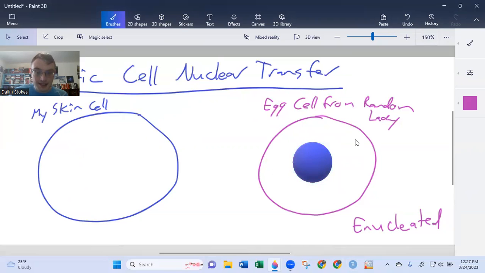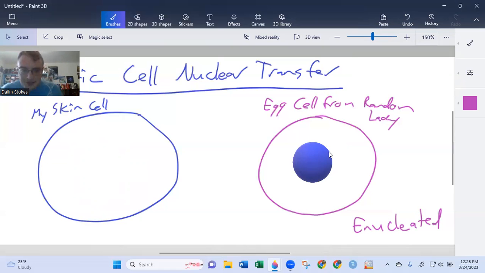We've got an egg cell that's capable of turning into a baby that has all of my DNA. It's 100% genetically identical to me. So now we can implant this new egg cell into a surrogate mother and allow it to grow, and it will turn into a baby that's 100% genetically identical to me, which is really cool.